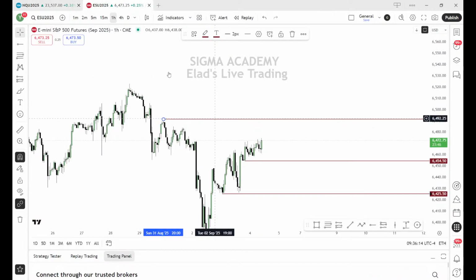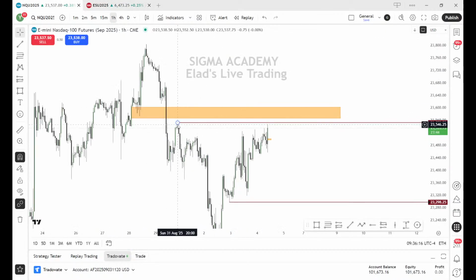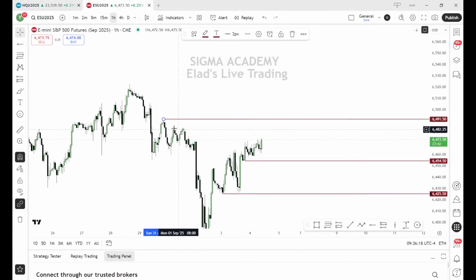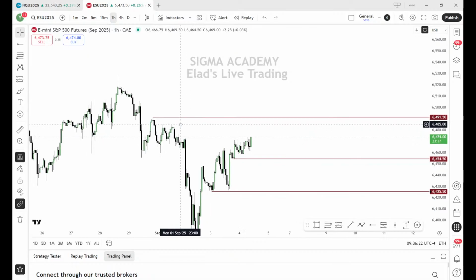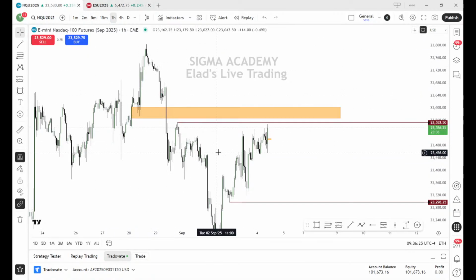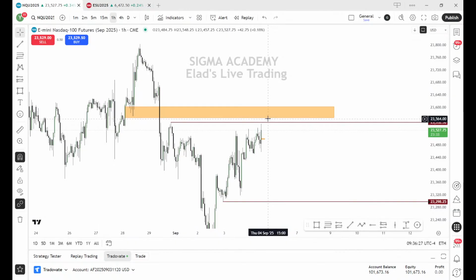But once we are taking this high and not taking this high on the ES, we can anticipate lower prices because the NQ may cause a Judas swing right here and go lower.